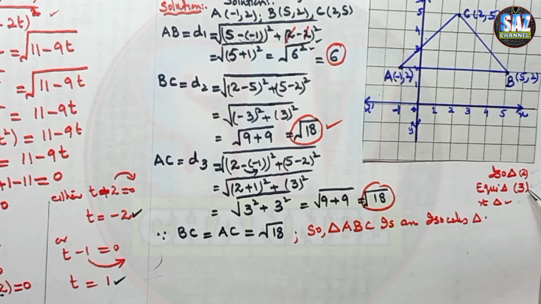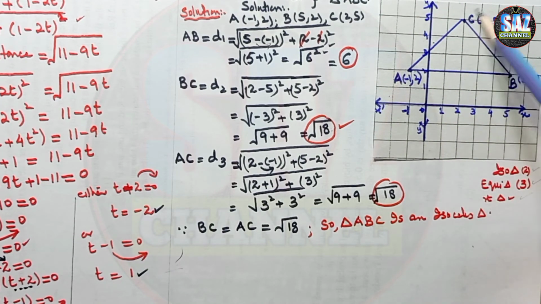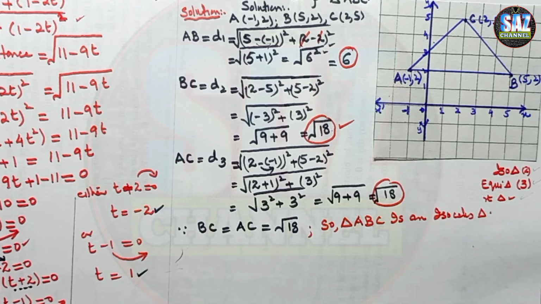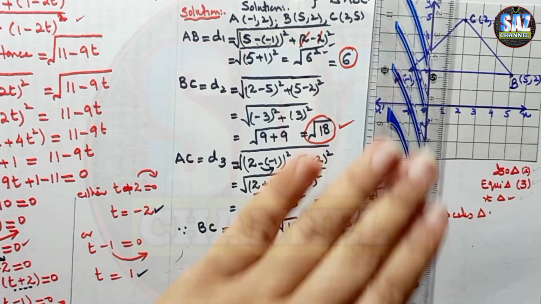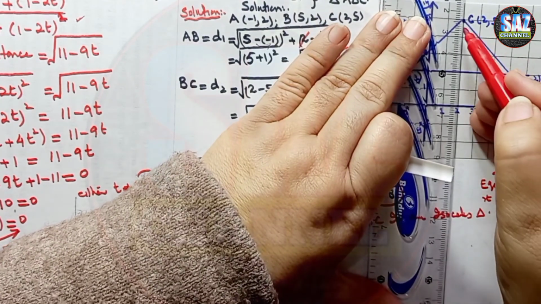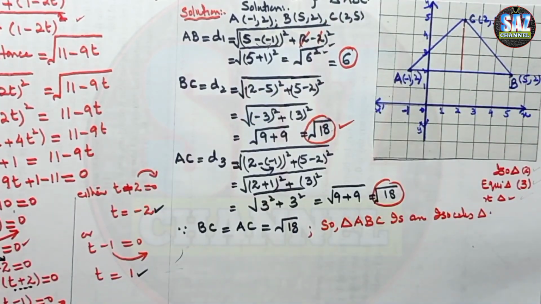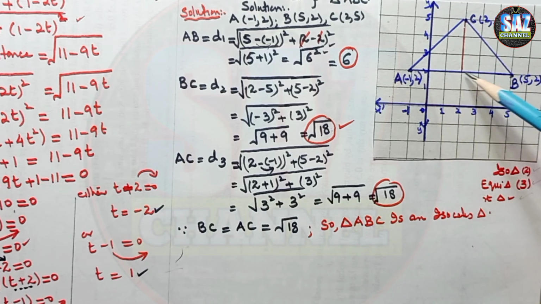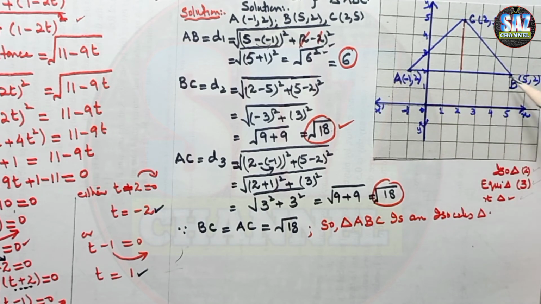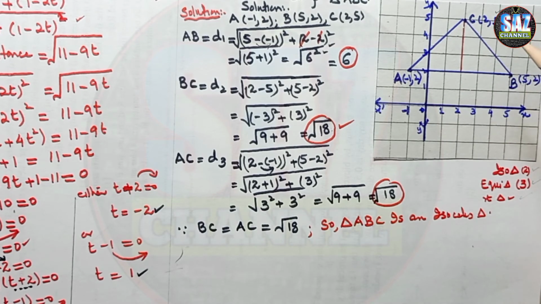And now coming to the second requirement of the question, find the length of perpendicular from C to AB. It means I have to find the distance from vertex C to AB. Very easy question. For this part, I have to see what is the distance of C from the AB line. AB line is at 2 units on the y-axis, and vertex C is at 5 units on the y-axis.